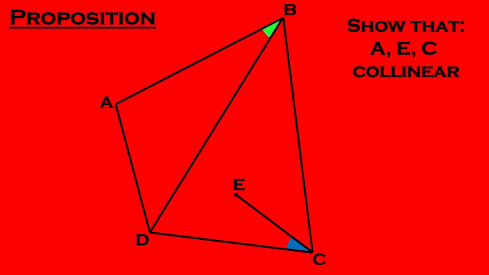The first one is that point E is such that if we extend EC, it will intersect AD somewhere on its interior at point F. The second scenario is that point E is such that if we extend EC, it will intersect segment AD somewhere on its extension. And the last scenario is that point E is such that if we extend EC, it will intersect AD exactly at point A.